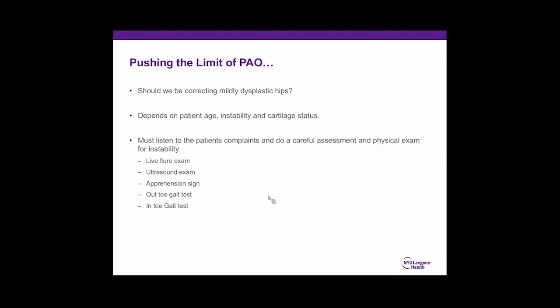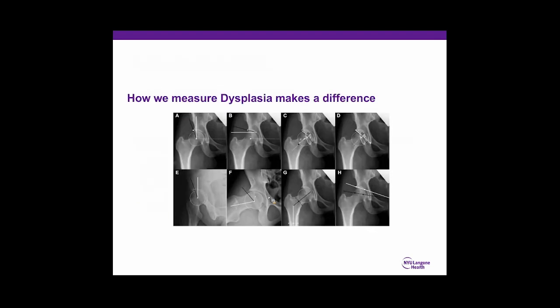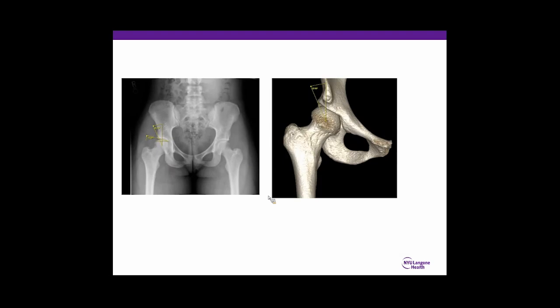But in general, these patients will describe to you that the hip is sort of sliding out of the socket, or they'll describe that they walk down the street and suddenly their hip gives way on them. If you listen to them carefully, they will actually describe the sense of instability.